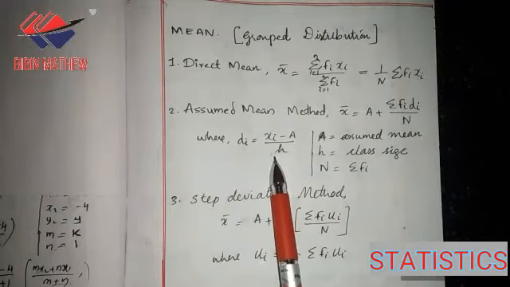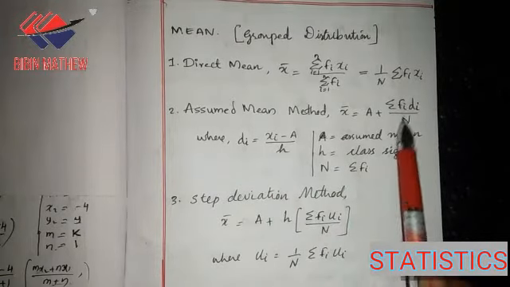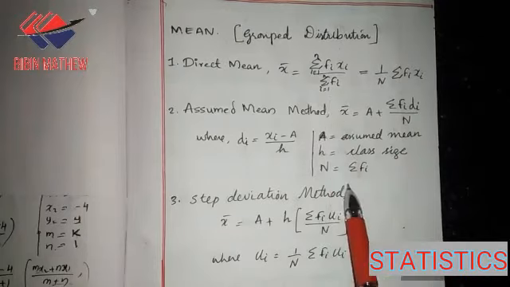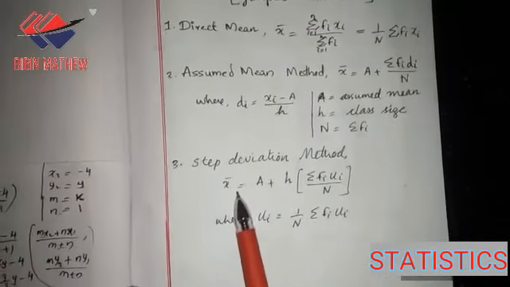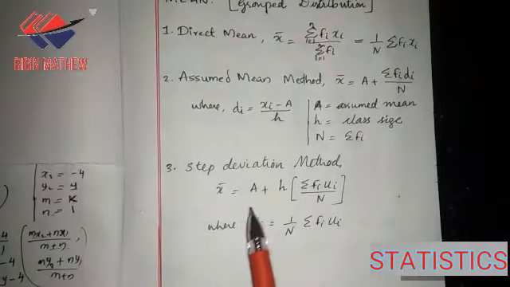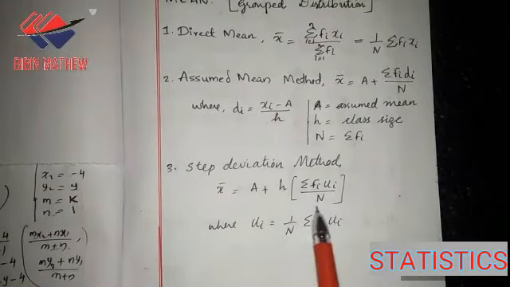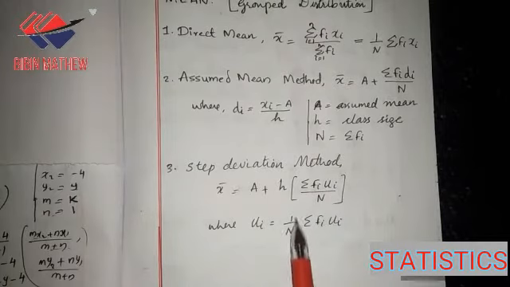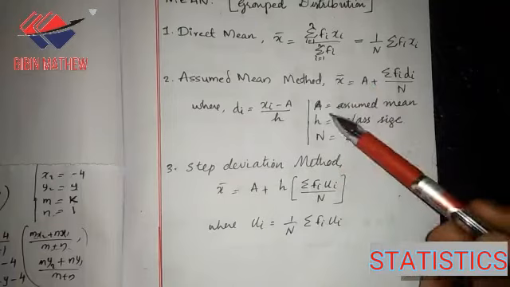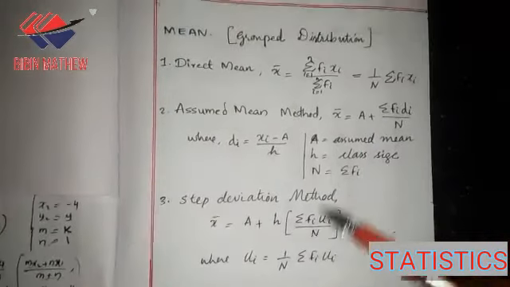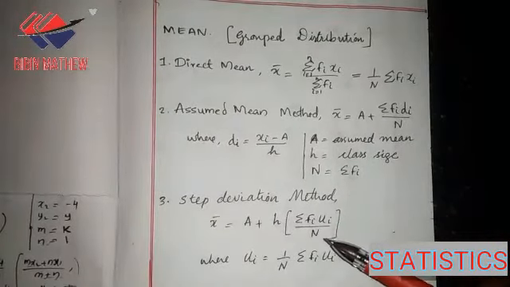N is sigma fi. The third method is the step deviation method, where x bar is equal to a plus h into sigma fi ui divided by n. Whichever method you choose, you will get the same answer.